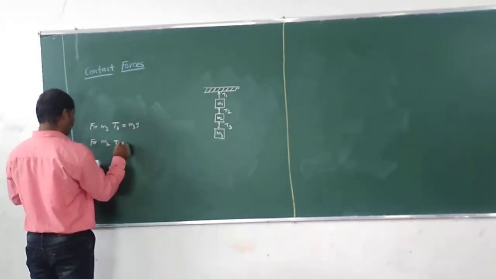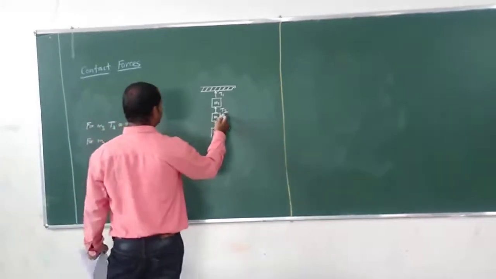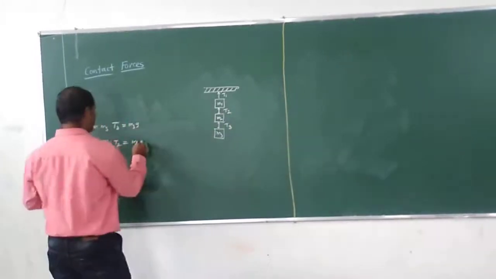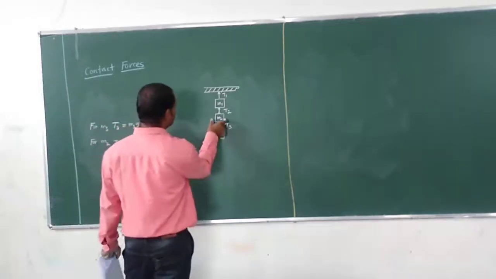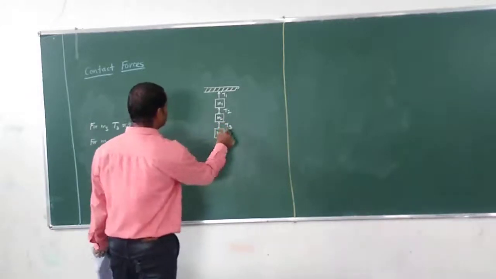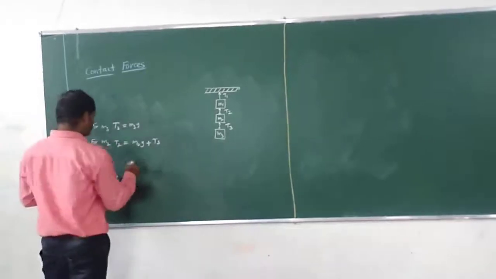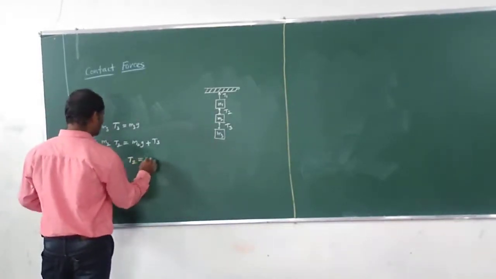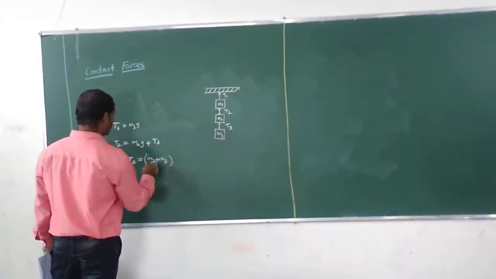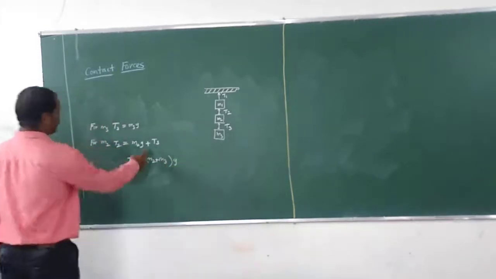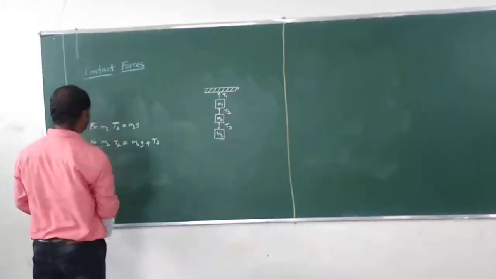For m2, T2 is equal to, T2 काय लिहिता येईल, T2 is m2g plus T3. याच्यानंतर T2 is equal to (m2 plus m3) multiplied by g. तर T3 आपल्याला माहिती आहे, तुम्हाला सिम्प्लिफाय करून लिहिता येईल.